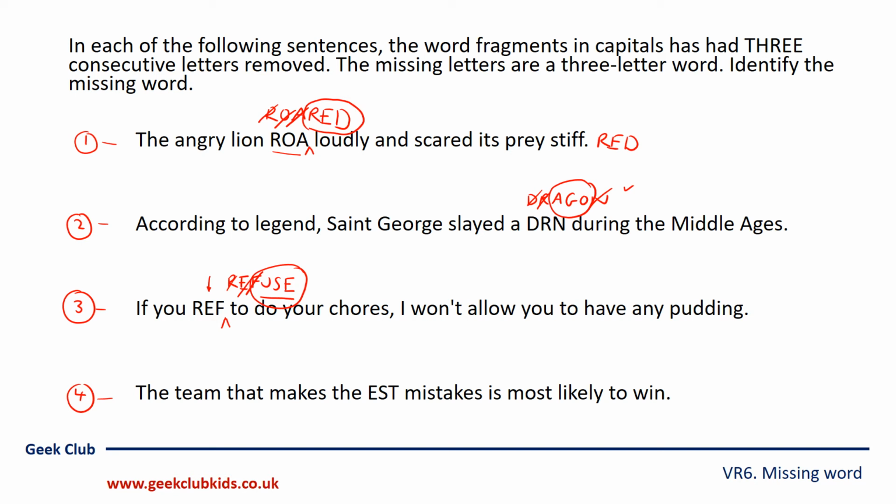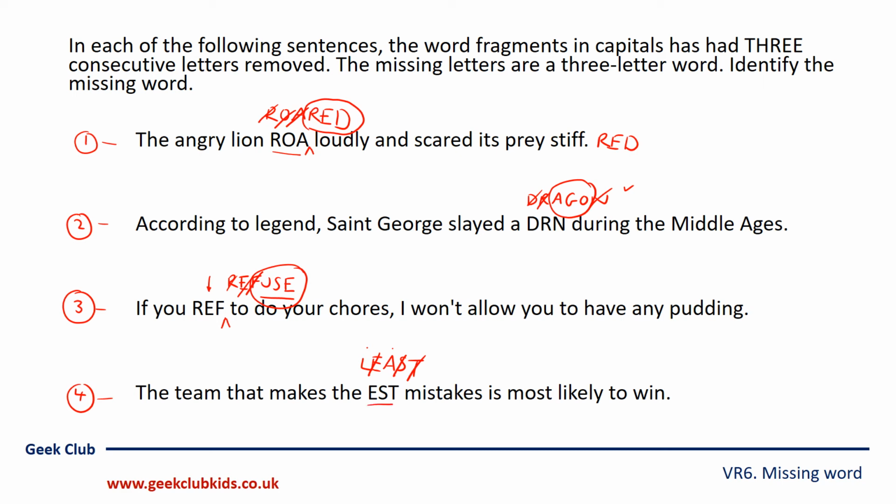So I'm going to try least. See if that works. Well, we're already given EST, so that only leaves L and A, but we need to find three letters. Also, the L and the A aren't next to each other. So least doesn't fit.